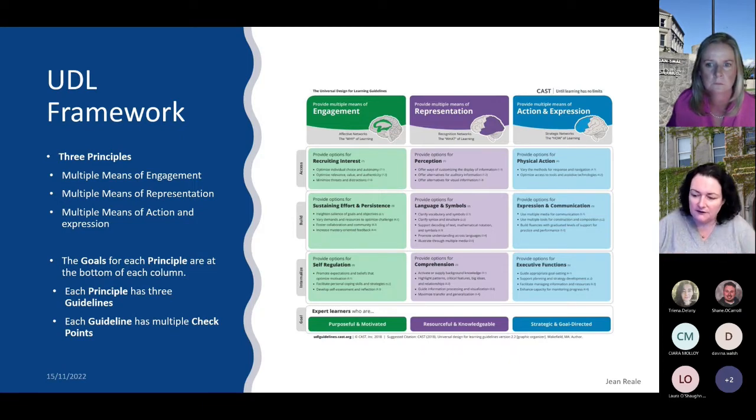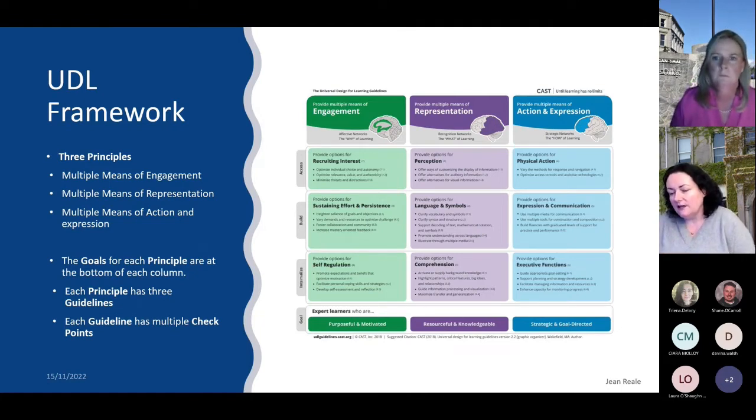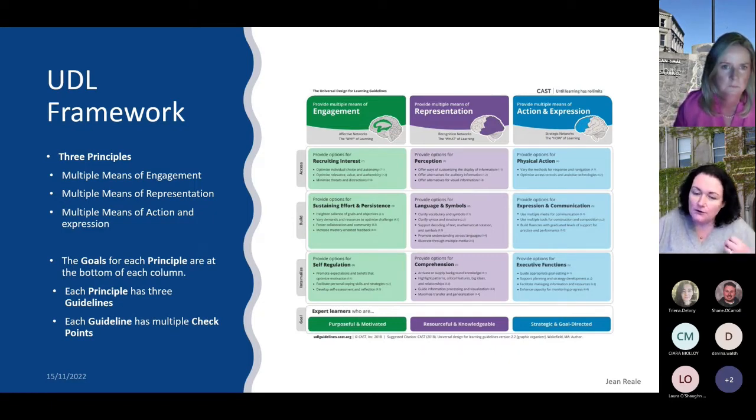Katie Novak does a lovely piece on voice and choice. It's where we give our students opportunities, but we listen to their responses and we tailor our environments according to those responses. So the framework itself, at its essence, has 3 key principles: multiple means of engagement, multiple means of representation, and multiple means of action and expression. So what we do is we look at how do we engage our students.